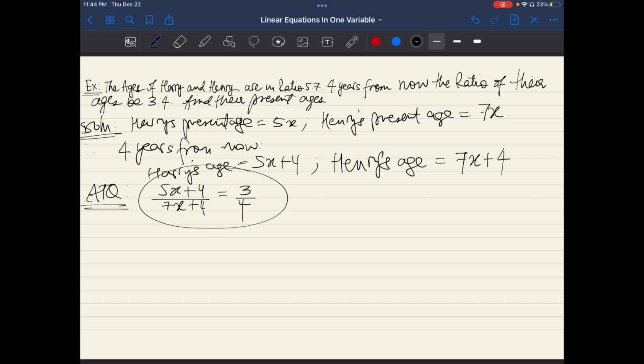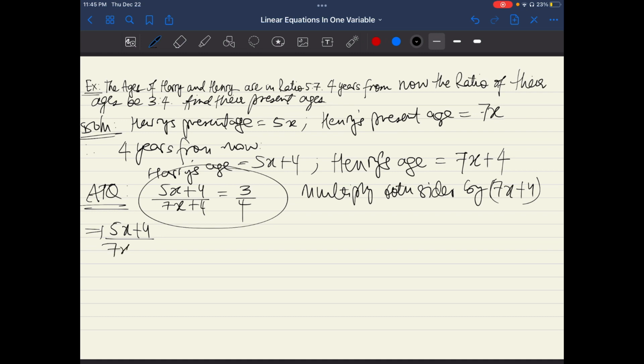We will start with eliminating x from the denominator. And for that, we will multiply both sides by 7x plus 4. We get 5x plus 4 over 7x plus 4 times 7x plus 4 equals 3 over 4 times 7x plus 4.